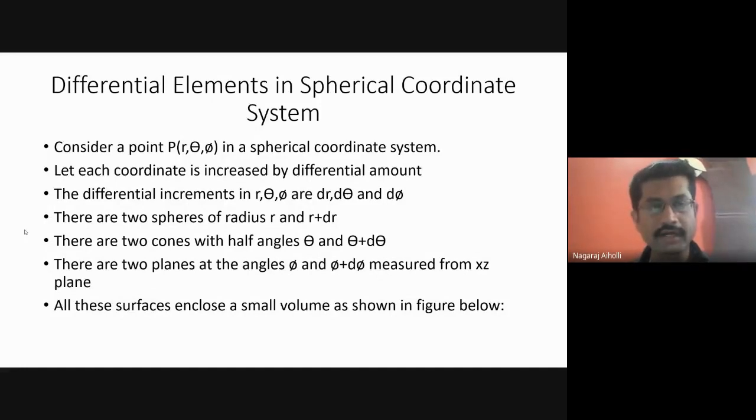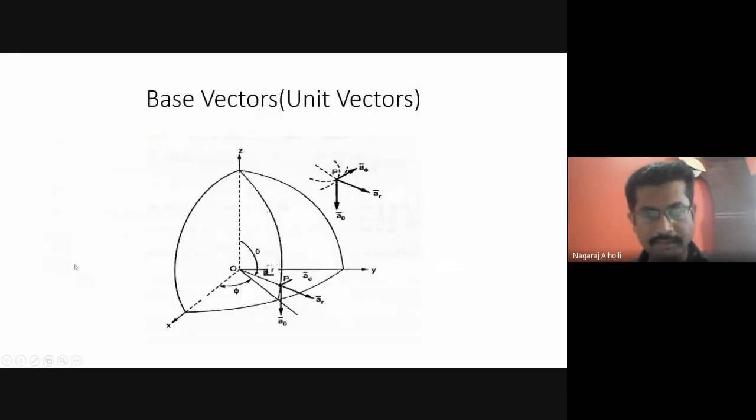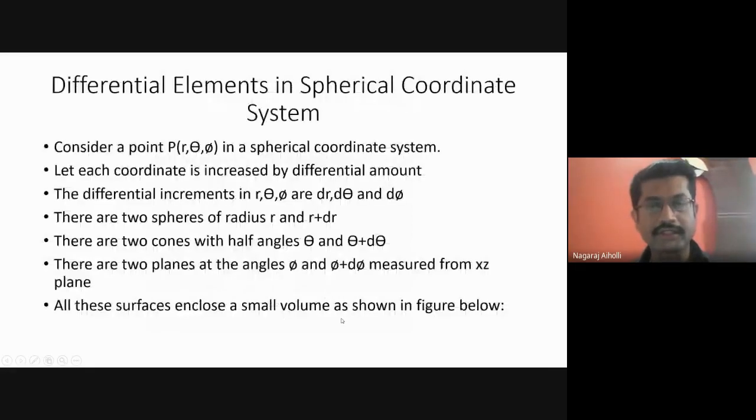Consider a point P of r, theta, phi in the spherical system. You can see the point P in this figure, it is here. This is our original point. Now we are increasing r to r plus dr, the radius r increased by a differential amount.